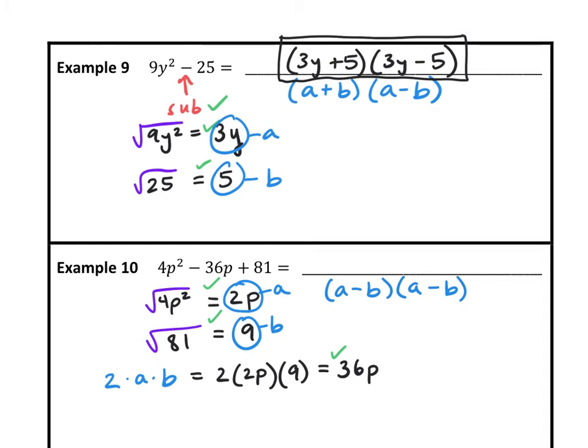It's going to be a, which is 2p, minus b, which is 9, and then the same thing again, 2p minus 9. Or we can write it as 2p minus 9 squared.